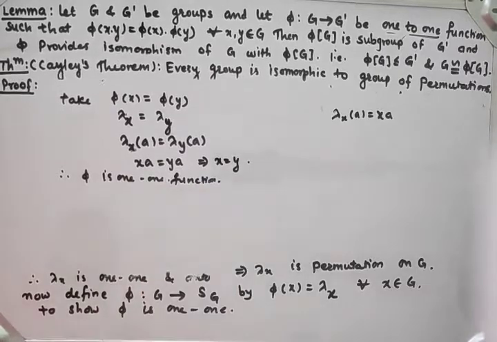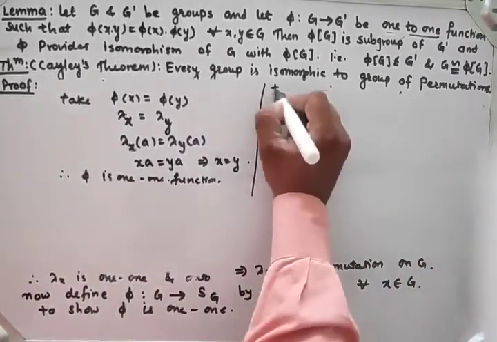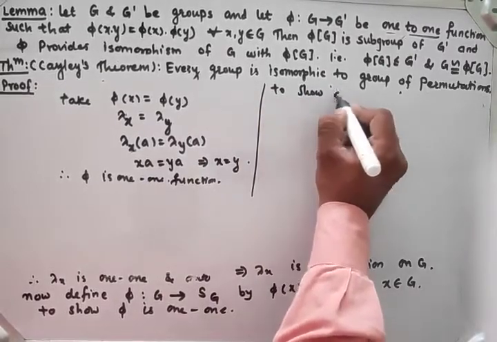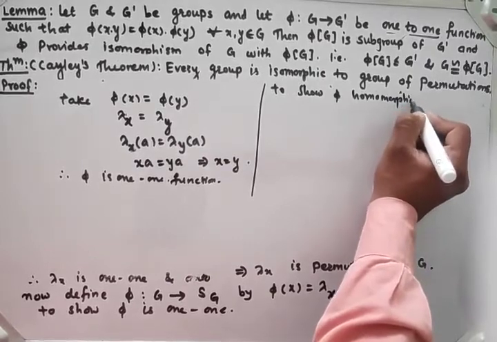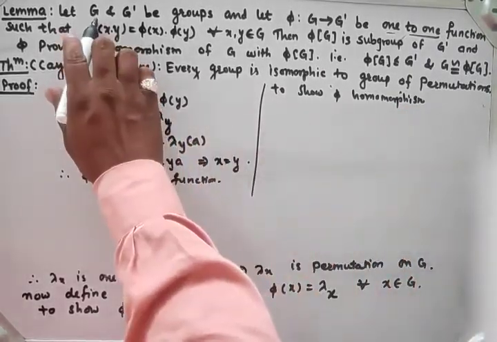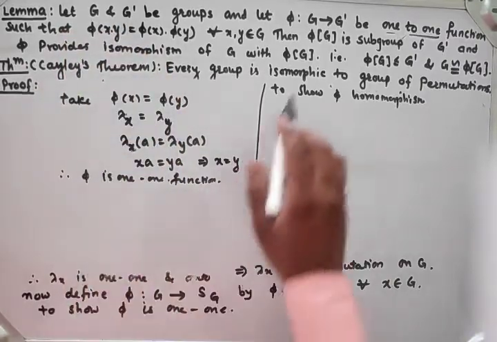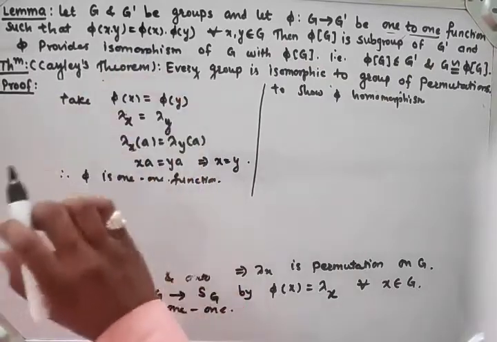Now to show next that phi is a homomorphism, this is by using the previous lemma: let G and G dash be two groups, and phi from G to G dash be a 1-1 function such that phi of x into y is equal to phi of x into phi of y.